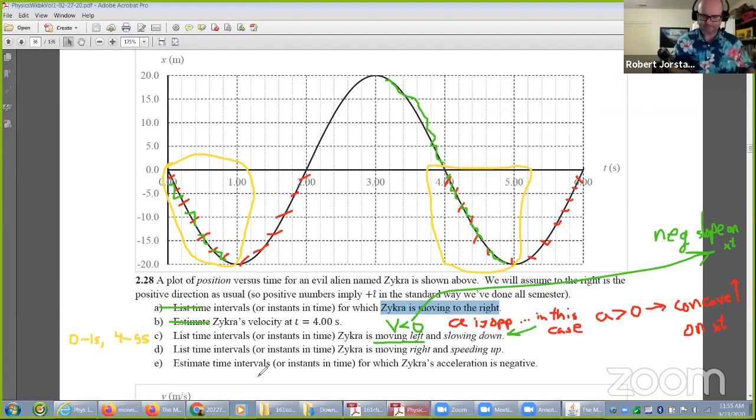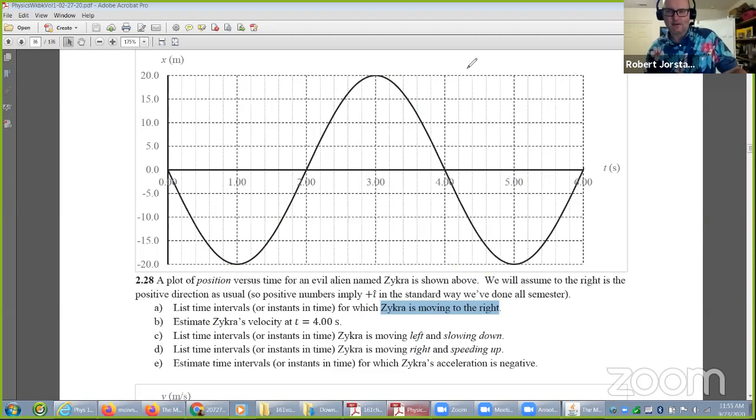All right. Okay, moving right and speeding up. Let's clear all this out. If we're doing moving right and speeding up, moving right says what? Positive slope, right? So I'm skipping a step. Why am I saying positive slope? Because that means V is greater than 0.